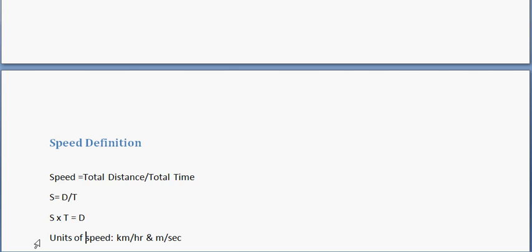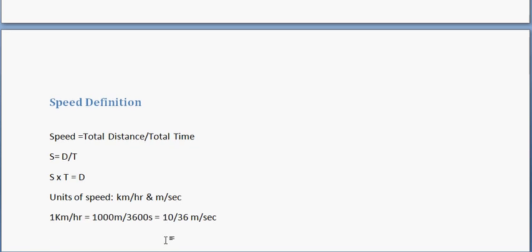Units of speed obviously are derived from distance and time, which is kilometer per hour or meter per second. So there is a unit conversion as well. So 1 kilometer per hour is equal to 1000 meters divided by 3600 seconds, which is equal to 10 by 36 meter per second. So this is a conversion factor which is equal to 5 by 18.